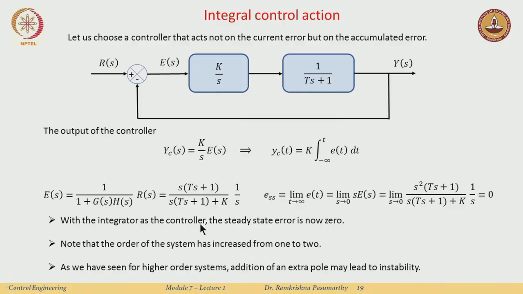So, with the addition of the integrator as the controller, the steady state error is 0, but the system order has increased from 1 to 2, and if we keep on dealing with higher and higher order systems, adding an additional pole at the origin, which is essentially an integrator, might lead the system to the verge of instability. So, two things to observe here, right.